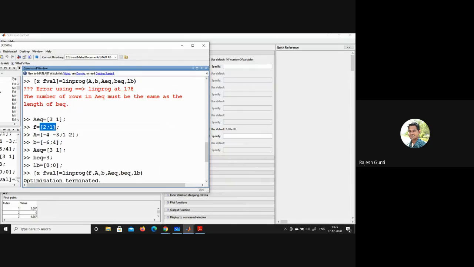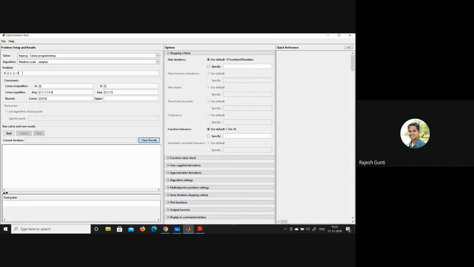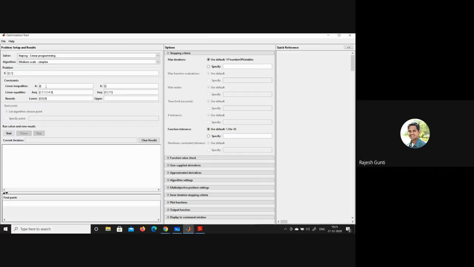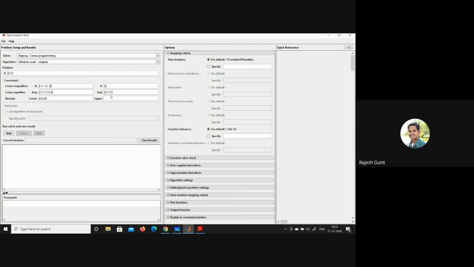If you want to solve this problem using the optimization toolbox, F is 2, 1. The same things you are entering. Only one constraint is there, only one equation is there.